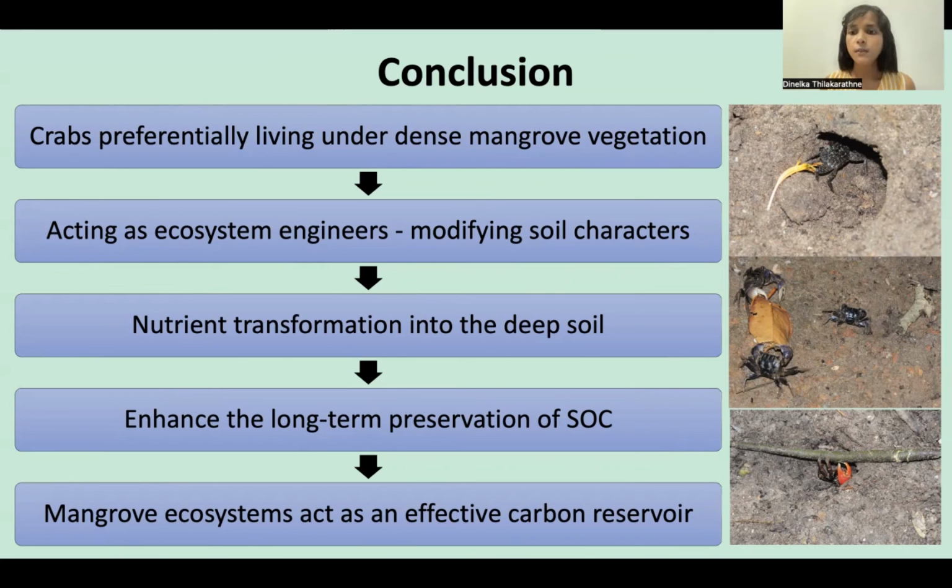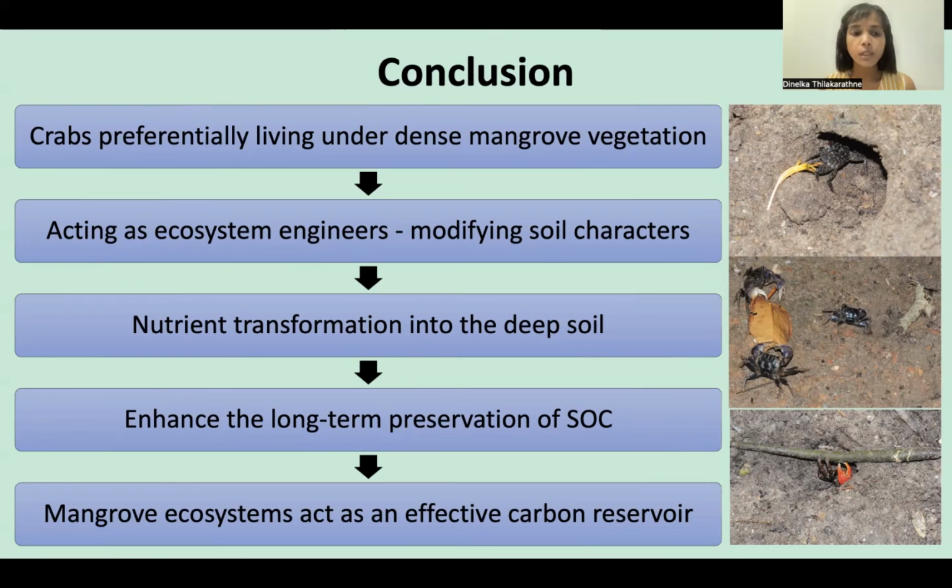Once leaves and litter are placed on the ground, they take that material into their burrows and help transfer nutrients from the top of the soil to the deep soil, enhancing the long-term preservation of soil organic carbon.